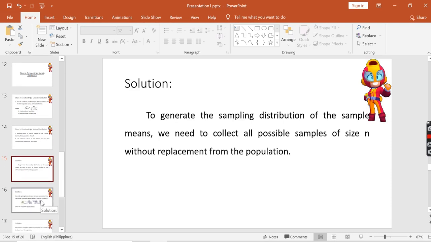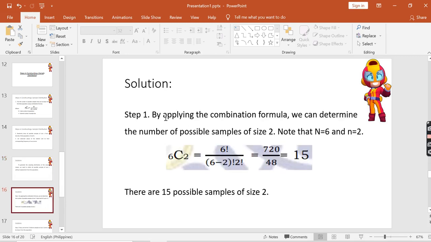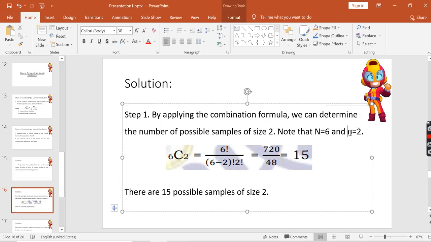Now, how many possible combinations do we have? So let's apply the formula for us to have a guide on how many possible combinations we have given the table. By applying the combination formula, we have this. Take note that capital N is 6 and small n is 2.